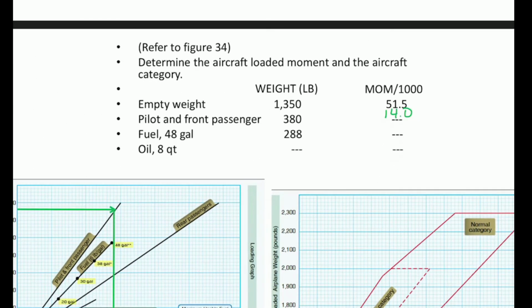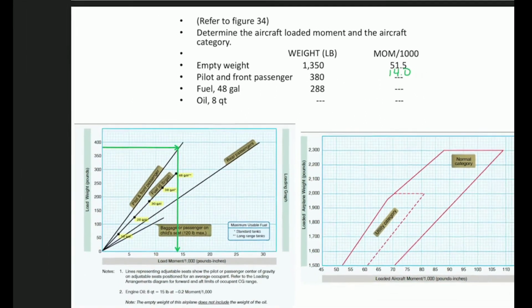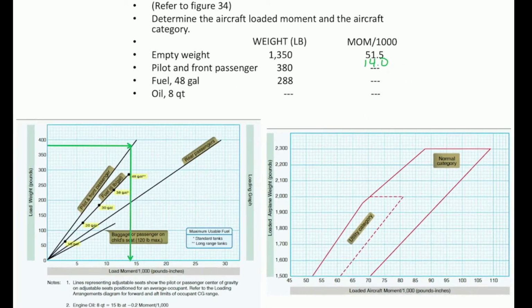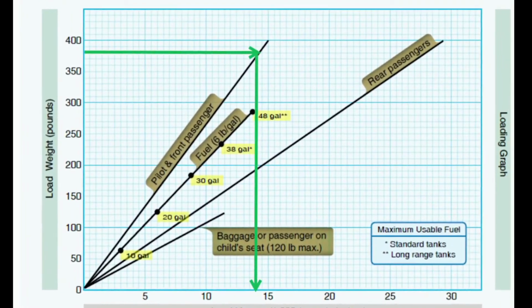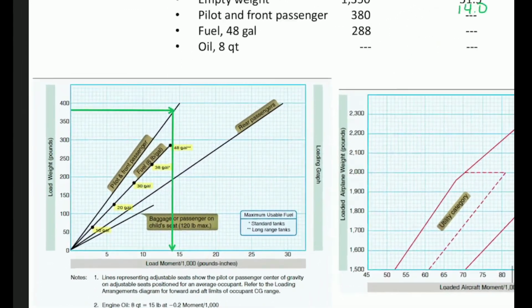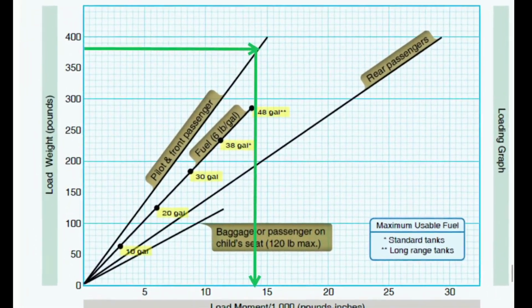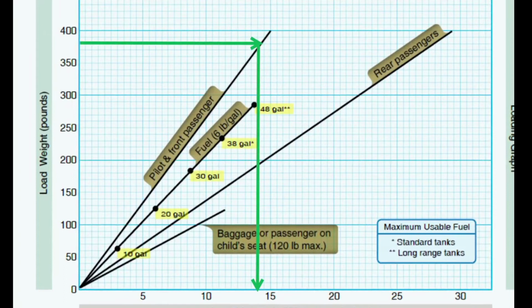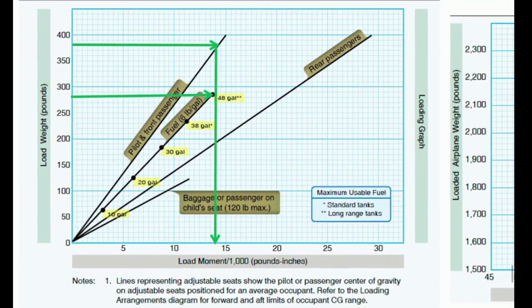Then we need the fuel of 48 gallons at 288 pounds. So let's do this again. We look here, there's the fuel down to 48.